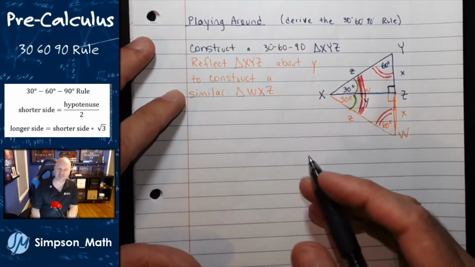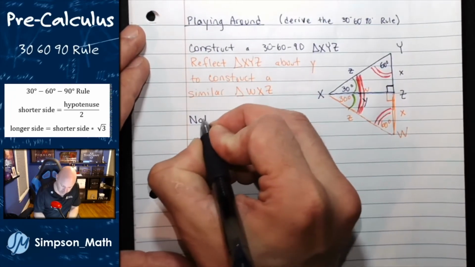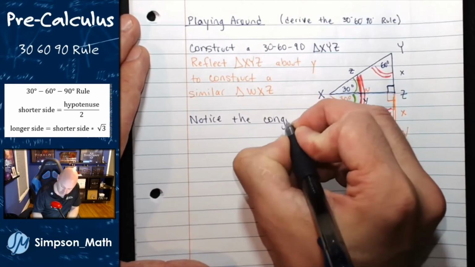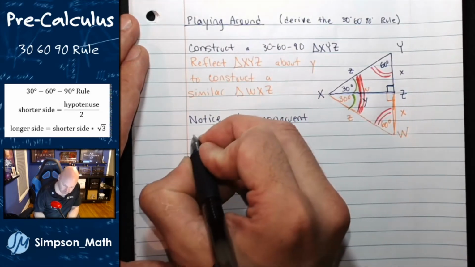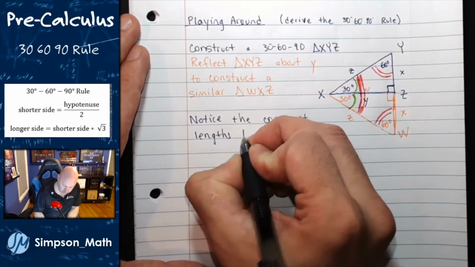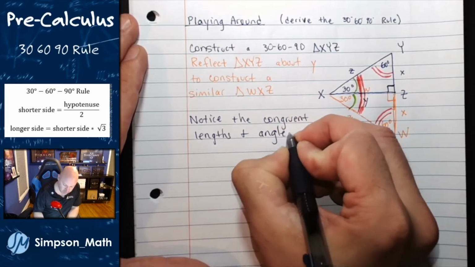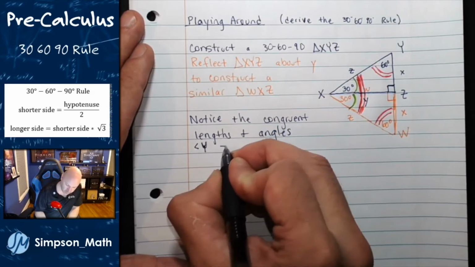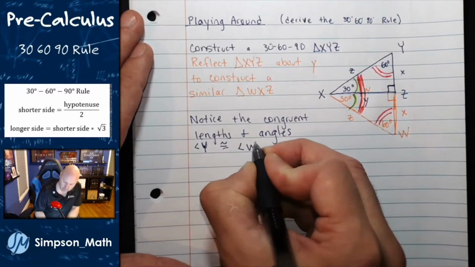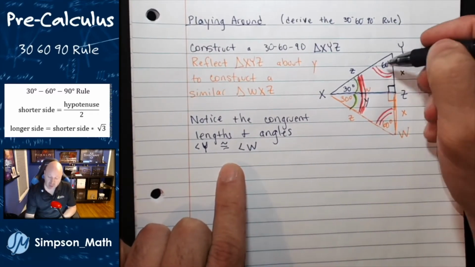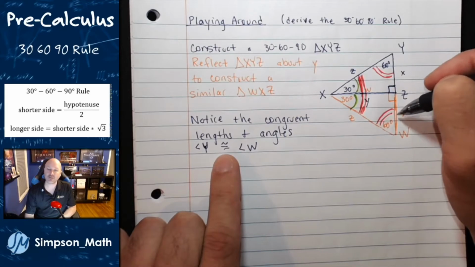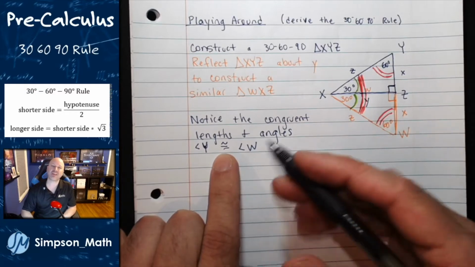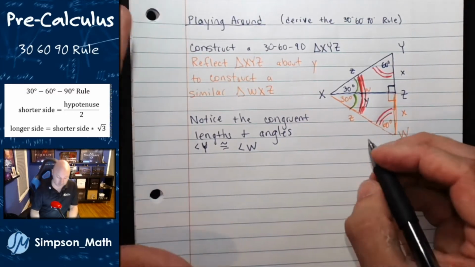All right, I'm going to write down some of the stuff that we noticed. My first notation here, I say angle Y is congruent to angle W. This symbol with the equal sign with the tilde on top, that's congruent. It's like equal measure when you're measuring angles.